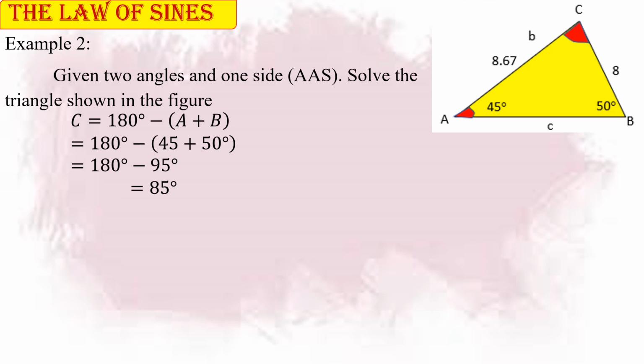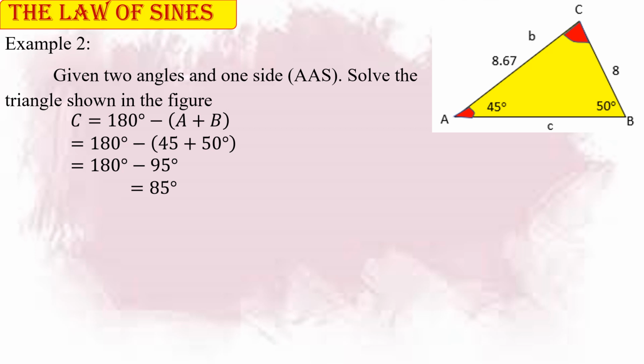Okay, so the unknown angle is C, or the angle C. Okay, so 180 degrees minus the summation of the angle A and then the angle B. Okay, so 180 degrees minus the measurement of the angle A, which is 45 degrees, plus the measurement of angle B, which is 50 degrees, and then 45 degrees plus 50 degrees, that is 95 degrees.